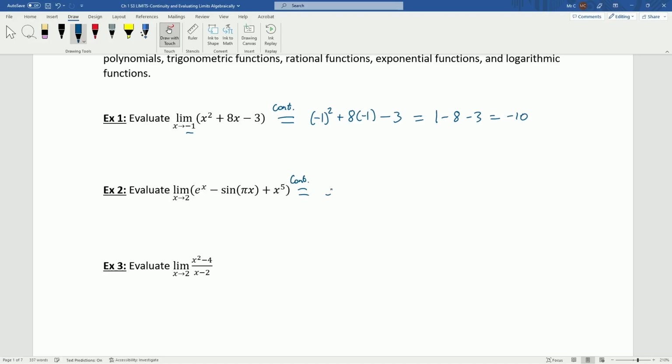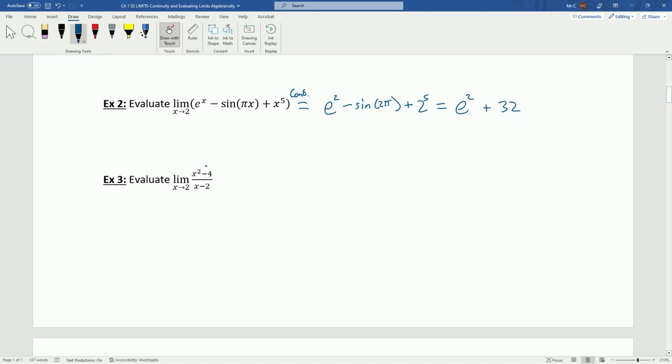Continuity says the limit is what you get when you plug in the number. Sine of 2 pi is 0, and 2 to the 5th is 2, 4, 8, 16, 32. This is plus 32. All right, that's it for that one. Moving on.